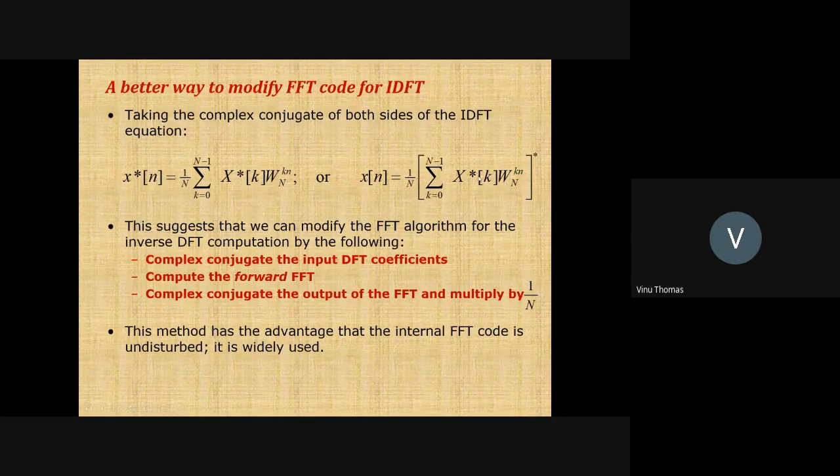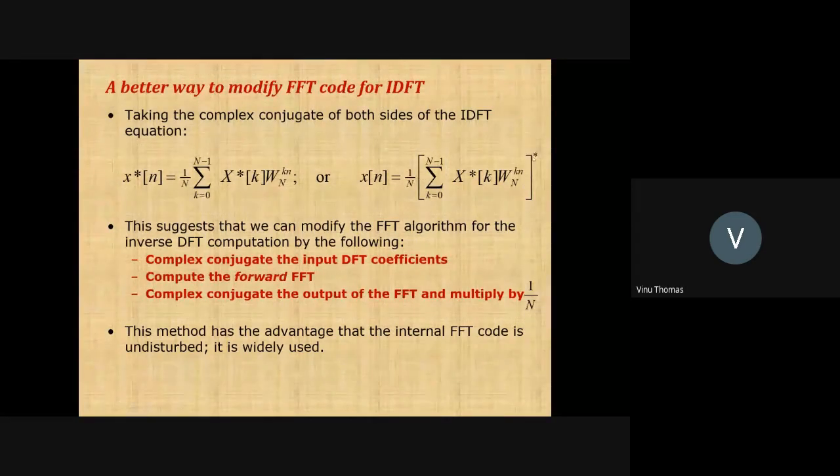So you only need to, first of all, conjugate the input sequence. Instead of x of k, I will give x star of k at the input. Then compute its n-point DFT, that is, compute the forward DFT, forward FFT.